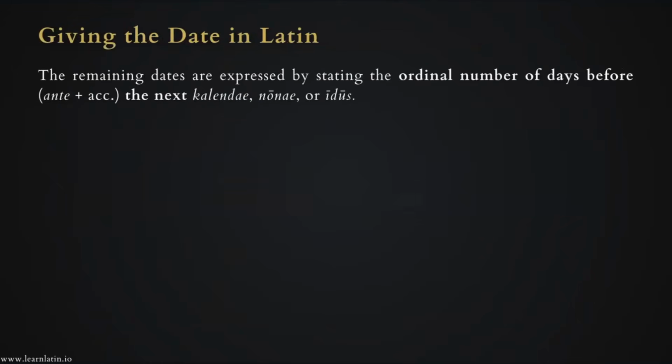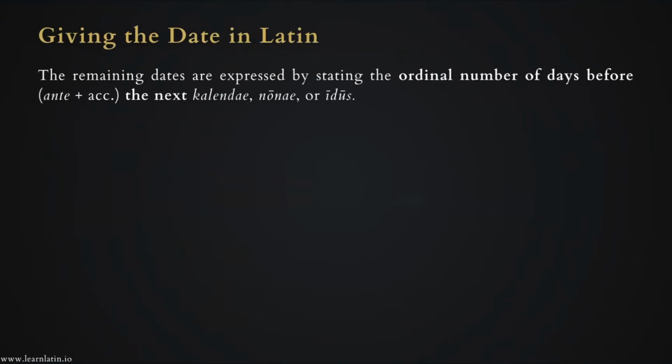Now, how do we actually express the date for the rest of the days? The remaining dates are expressed by stating the ordinal number of days before, that is using the preposition ante with the accusative, the next important day: calendae, nonae or idus.